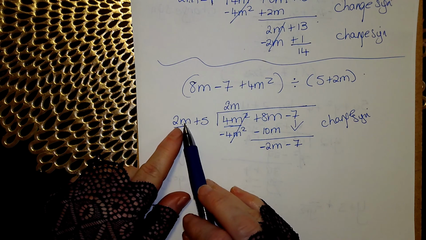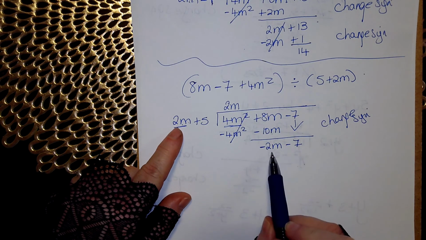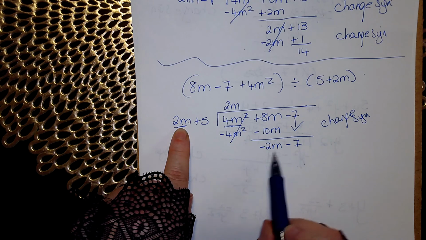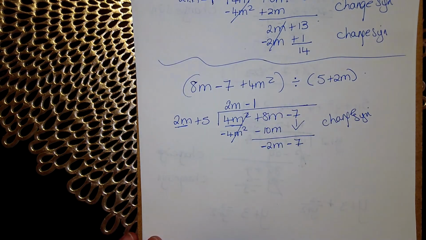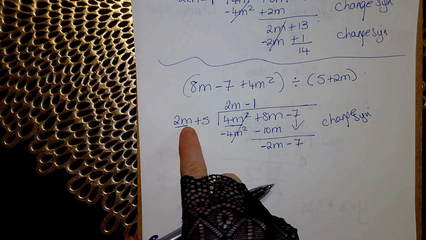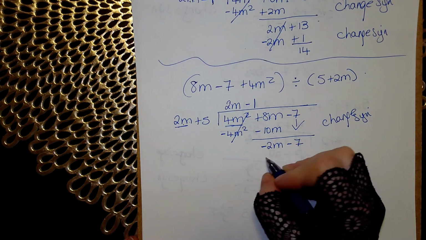So 2m times what will give me a negative 2m. So I've got the 2m and the 2m. But to make a negative, now I'm multiplying by negative 1, not positive 1. Okay, so negative 1 times 2m is negative 2m. But again, we change a sign.